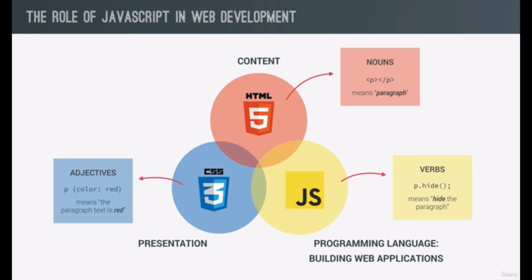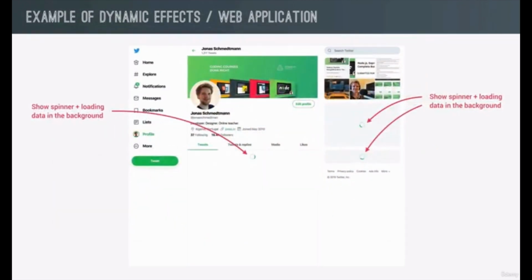Now, since we've been talking a lot about dynamic effects and web applications here, let's now actually take a look at a real example to make it even more clear what JavaScript is capable of. And so this is the Twitter web application on twitter.com. And there is a lot happening as we open a profile page like this one.